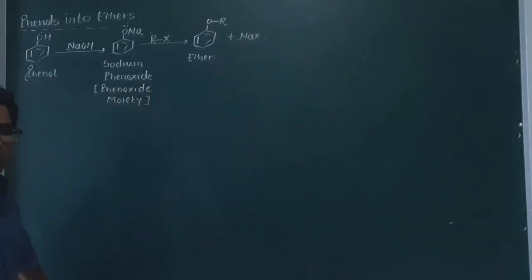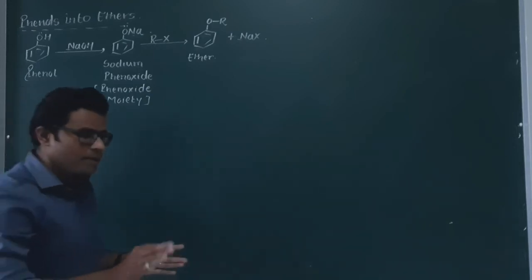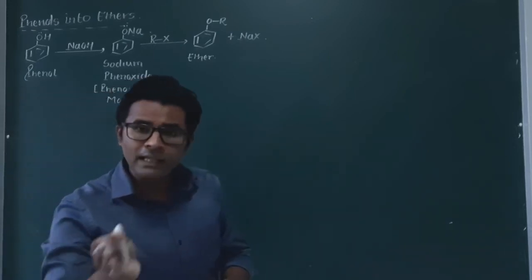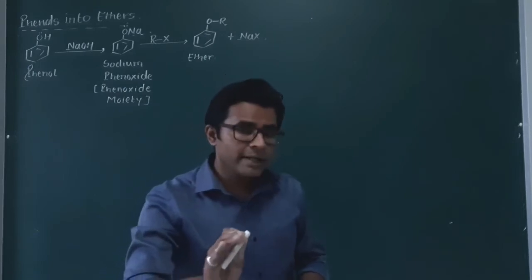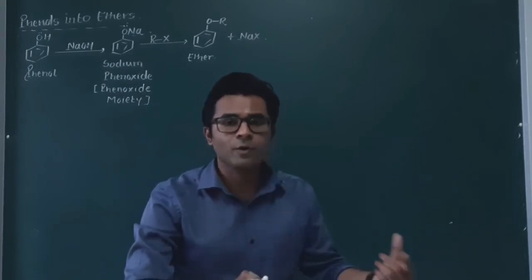Now, let us see how we can create ethers from alkyl halides, by reaction with dry silver oxide.